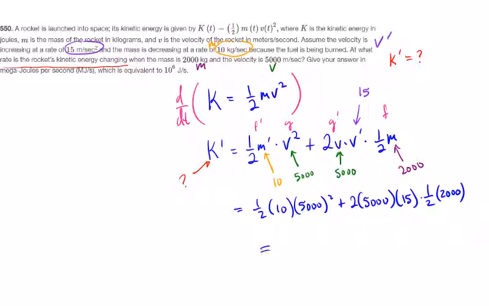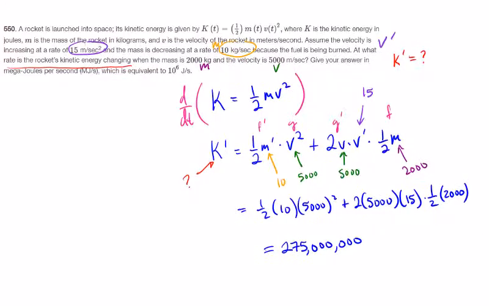We end up with 275 million. This part comes out to 125 million, and this part comes out to 150 million. When you add those together, you get 275 million.